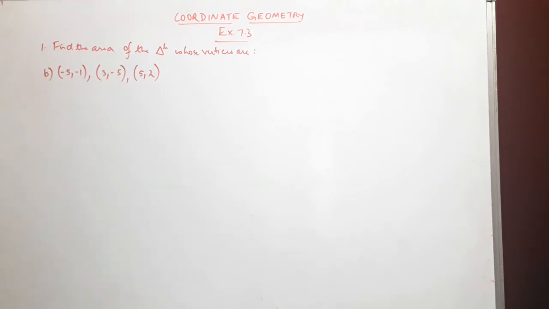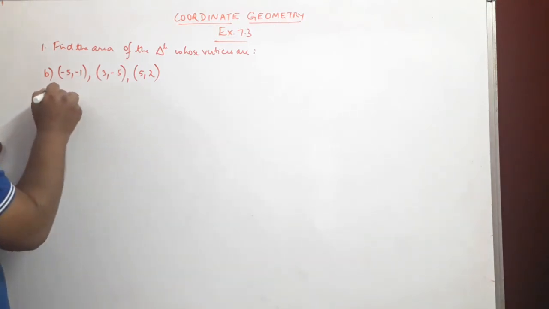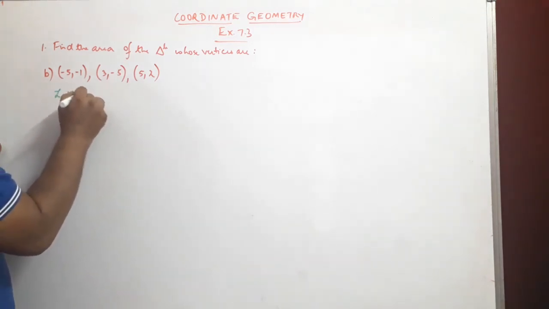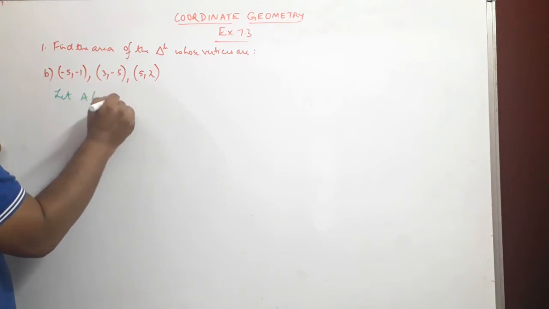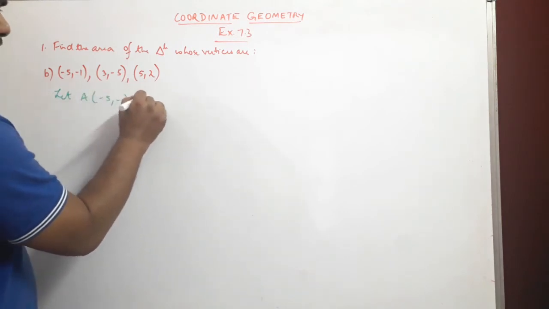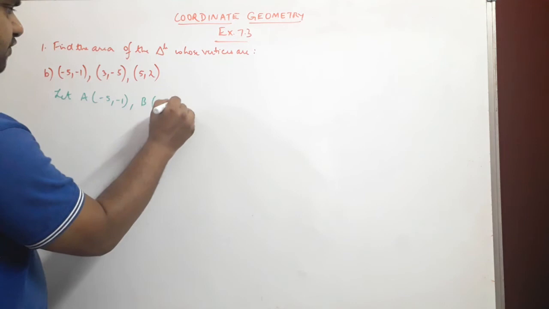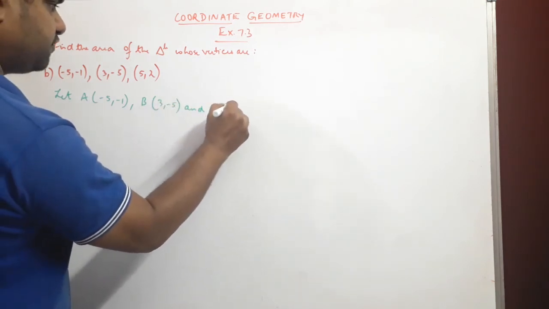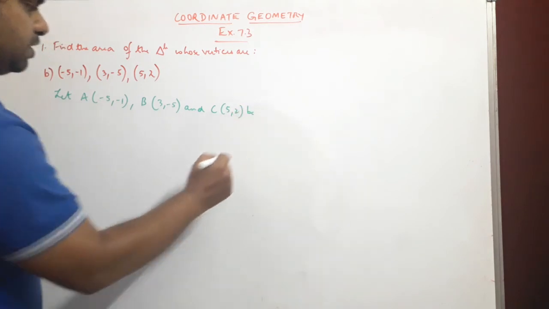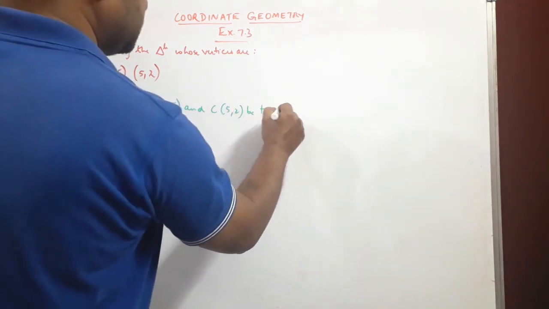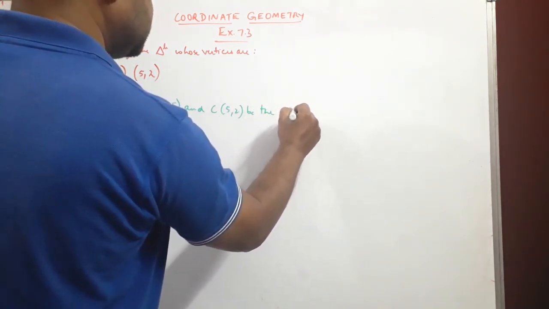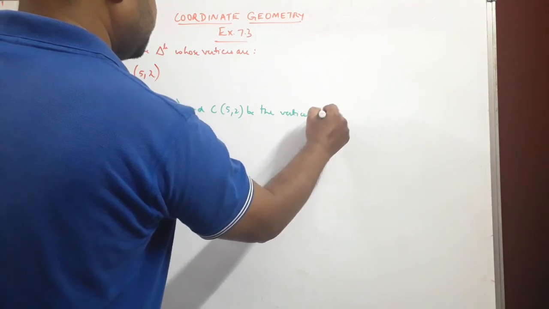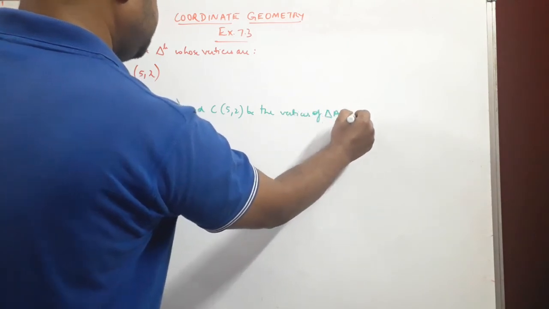Coming to the next problem, it is minus 5, minus 1, 3, minus 5 and 5, 2. Once again, we'll assume the 3 vertices. Let A minus 5, minus 1, B 3, minus 5 and C 5, 2 be the vertices of triangle ABC.